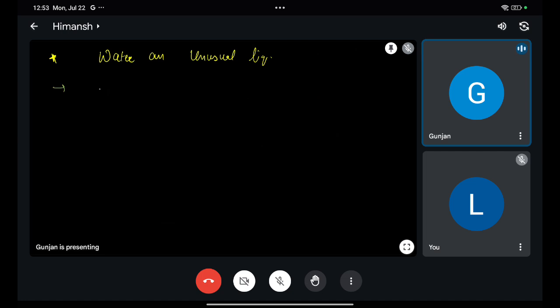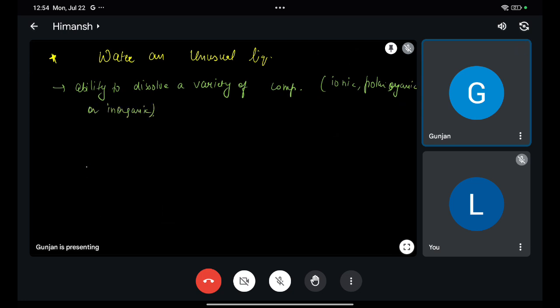One such unusual property is its ability to dissolve a variety of compounds: ionic, polar, organic or inorganic substances. It also has high heat of vaporization, high heat of fusion, and high specific heat.